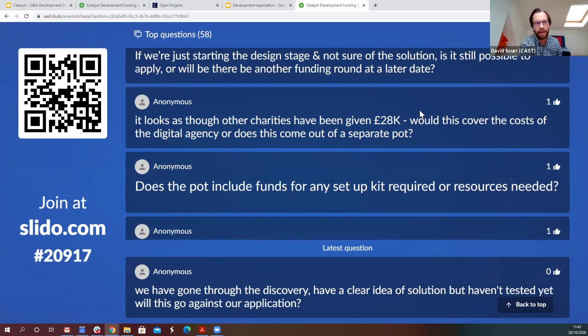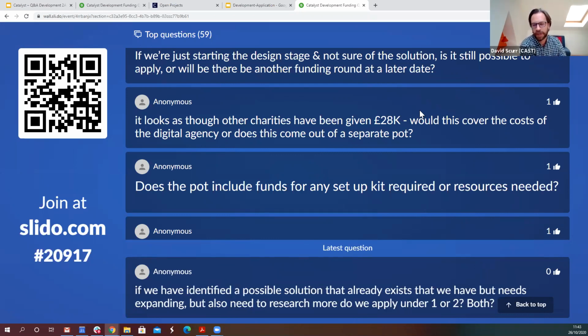You don't need to worry about that for your application process. It's on top of the £5,000 to £15,000 that you are applying for, which includes mainly your staff time and other eligible direct costs. This is a separate pot that will go through the open procurement process that we've described earlier. So hopefully that's clearer.